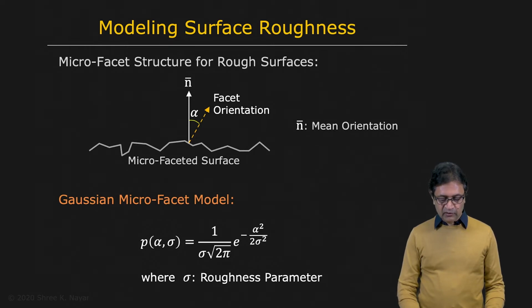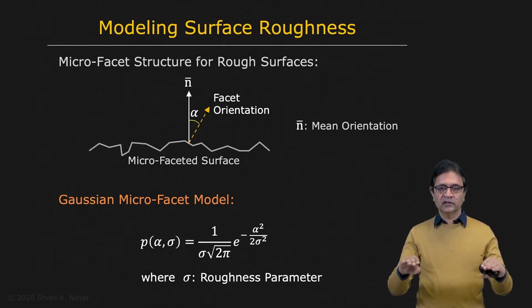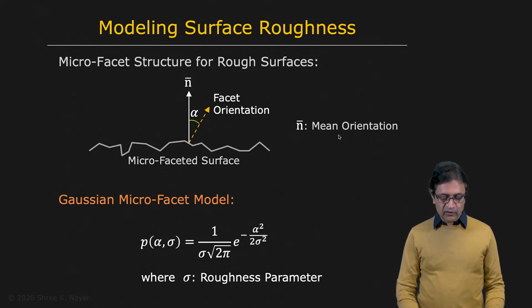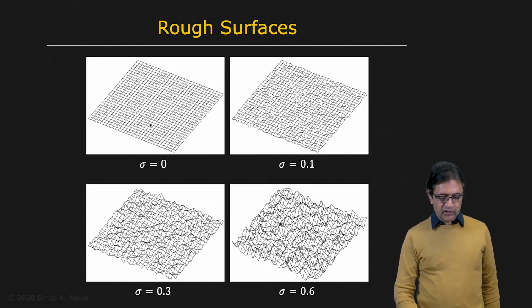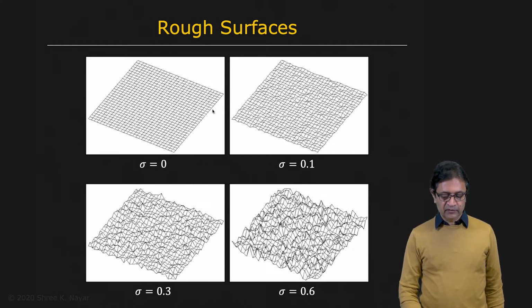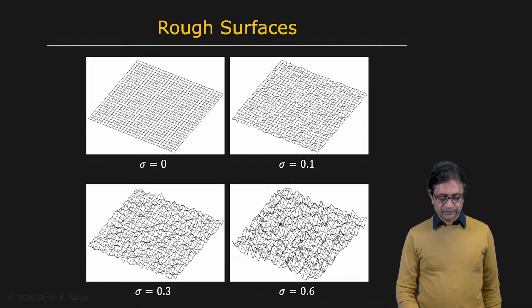Imagine that sigma is equal to 0, then you have all the facets looking straight up in the direction of the mean orientation itself. You get a perfectly flat surface. So that's what you see here. You see sigma equal to 0, you get a perfectly flat surface. Sigma equal to 0.1, it starts getting a little bit rough. Keep increasing sigma and the roughness increases.